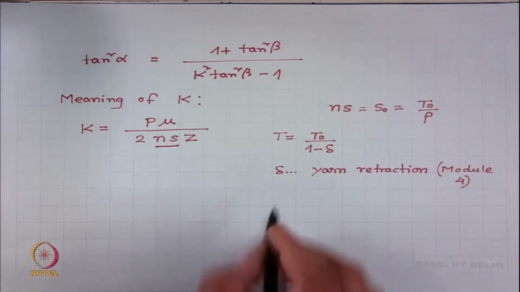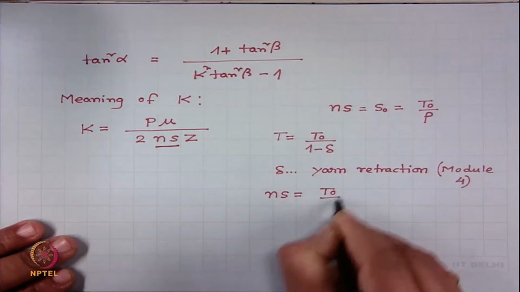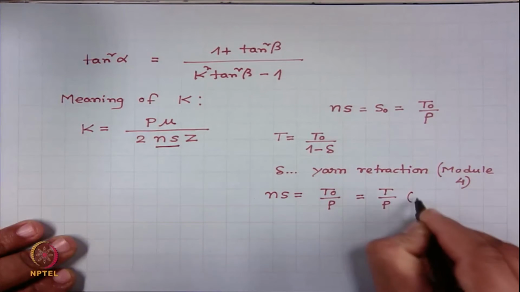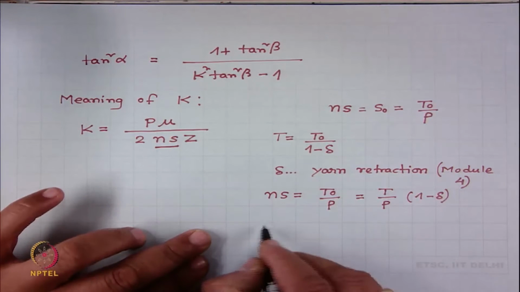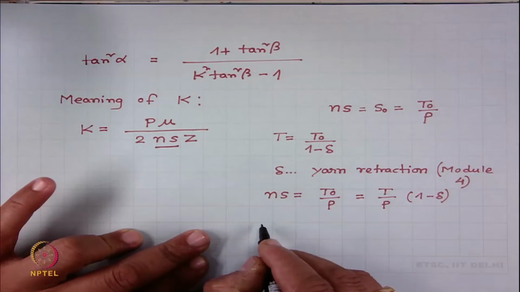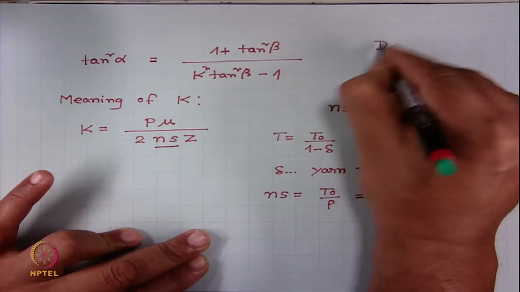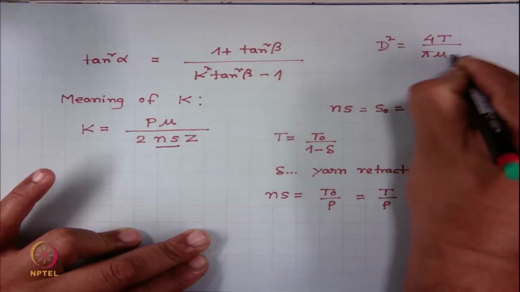Right. So, this Ns is T naught by rho, that is equal to T by rho into 1 minus retraction. Capital T is yarn fineness. We know the basic relation between diameter and fineness of yarn, that is d square is equal to 4 times capital T by pi mu rho.